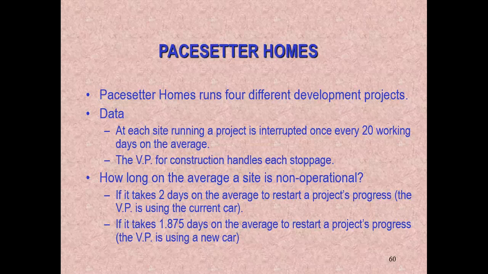Okay, so before we get into it, what kind of queue do we have here? Poisson, exponential, so it's M/M, right? How many servers do I have? Just this 1 VP, right? So 1. System size is infinite, but how about the population size? What can enter this VP for construction's queue, if you will?